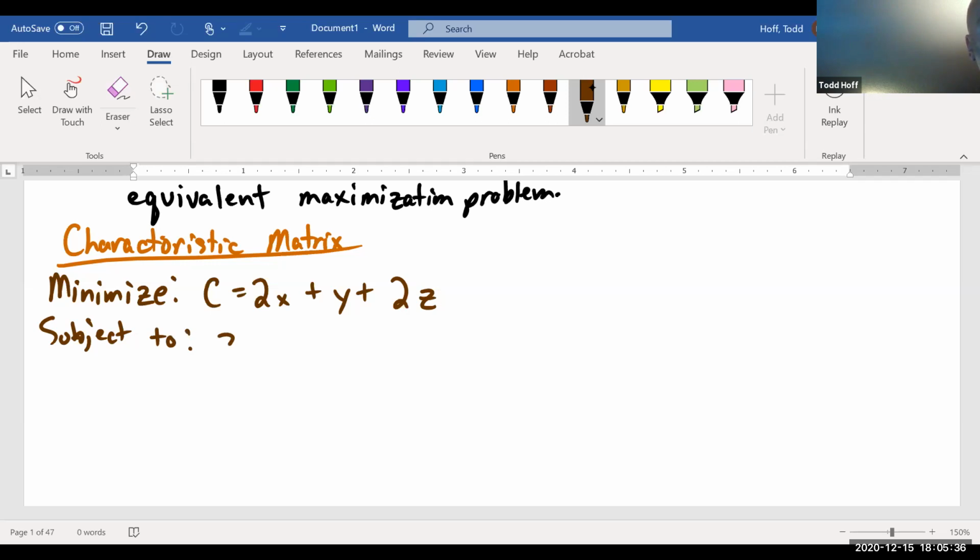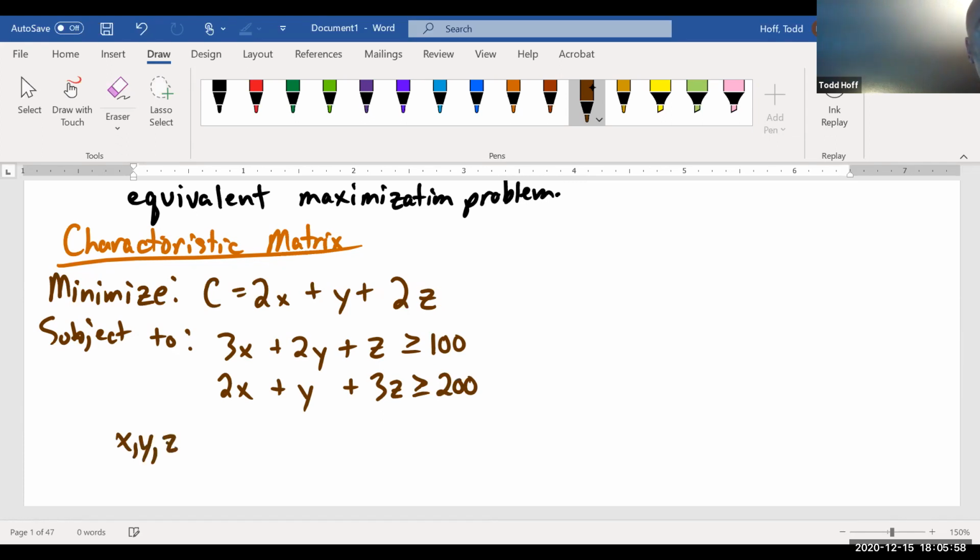First constraint, 3x plus 2y plus z is greater than or equal to 100. Second constraint, 2x plus y plus 3z is greater than or equal to 200. And then, of course, we have the standard ones, x, y, and z are greater than or equal to 0. But those don't get put in our characteristic matrix.